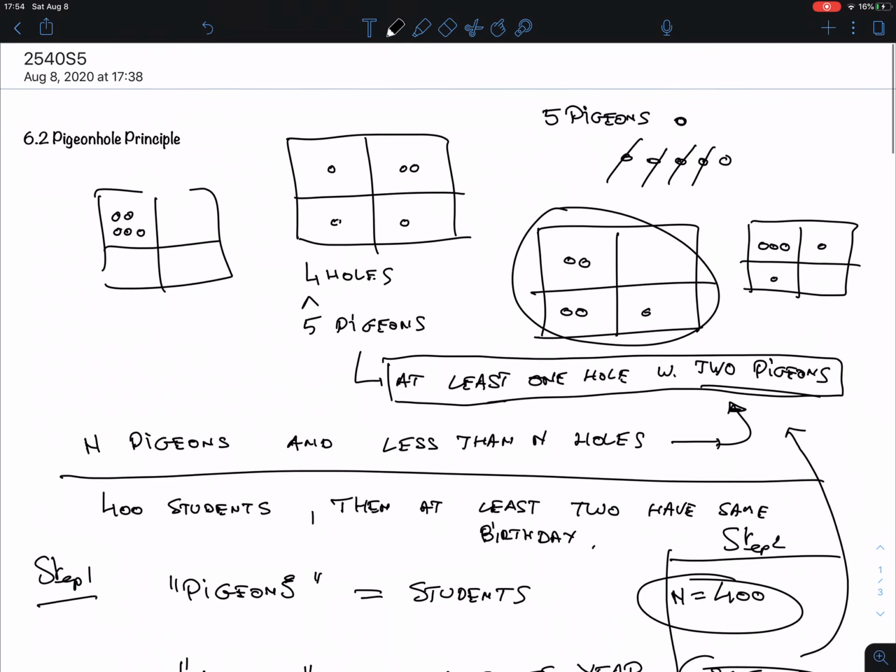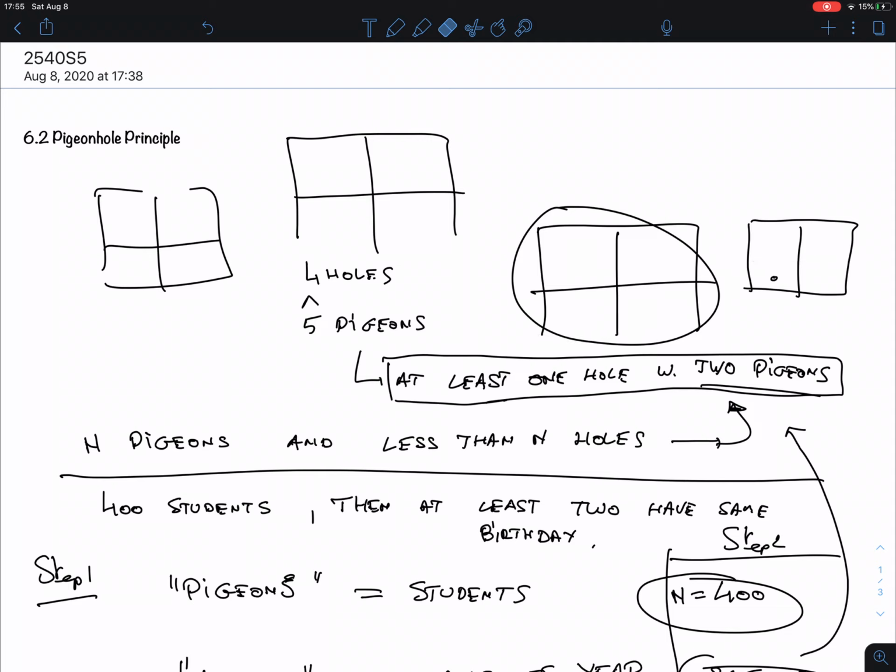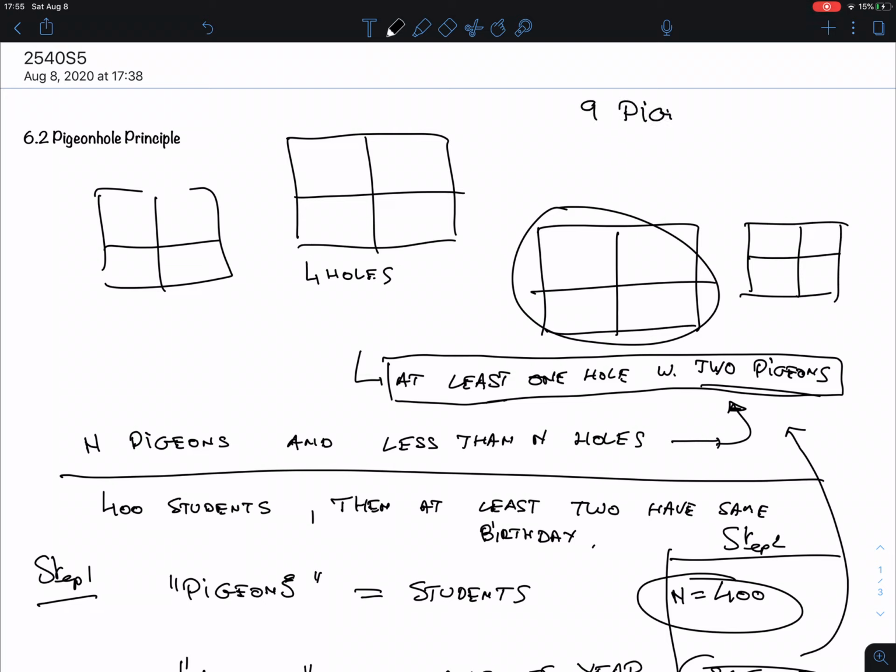Let's look at our original example, but make it slightly different. Let's say I still have 4 holes, but let's change the number of pigeons. I have 9 pigeons. So here are my pigeons, 4, 5, 6, 7, 8, 9.